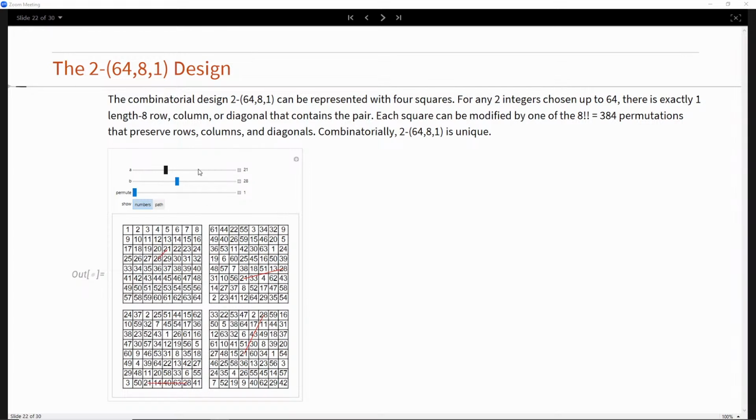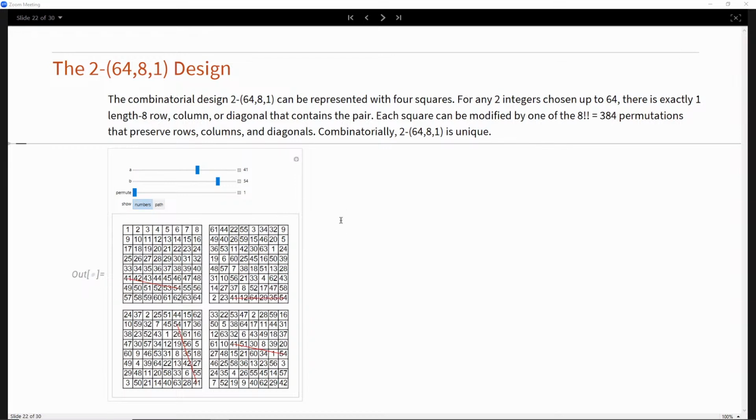It's in this square. For 41, 28, it's in this square. For 41 and 54, it's in this square. There's often other ways of combining these, and this particular set of blocks happens to be a unique system.